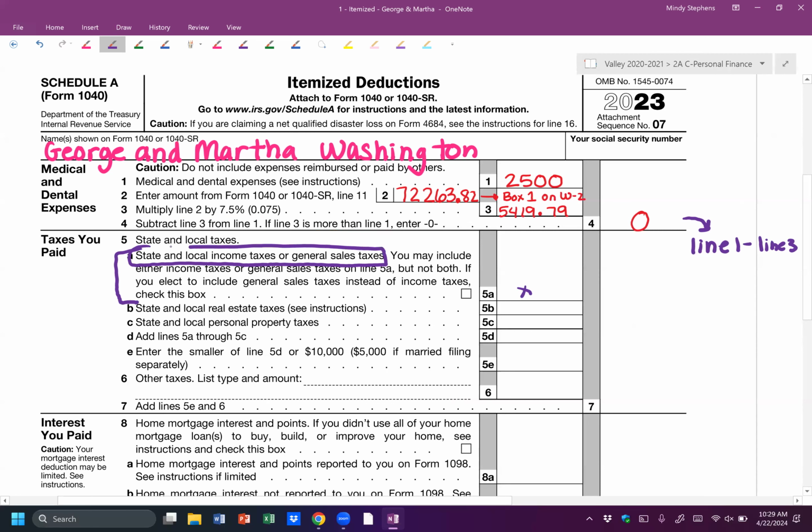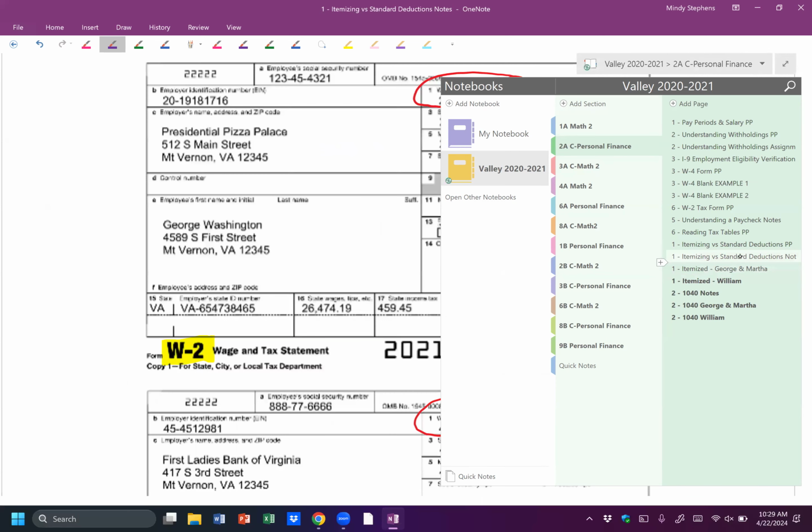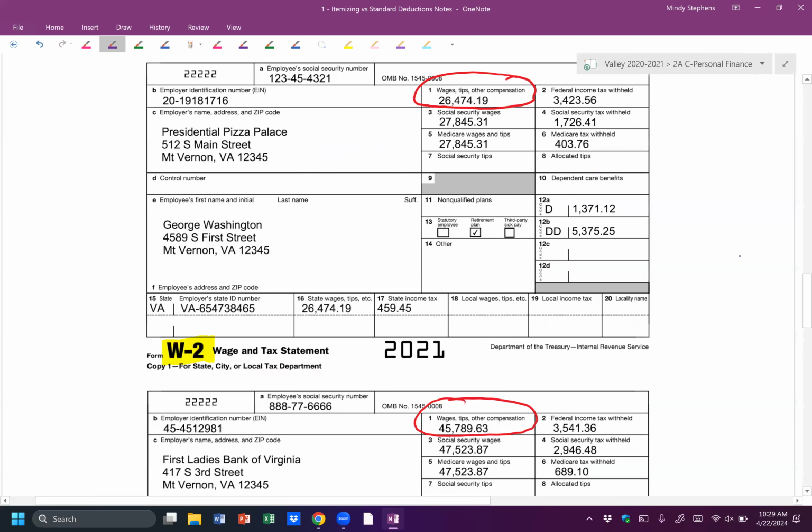So look at your paper and see if you see any state or local income taxes. First of all, does it say state or local income taxes in the list? No. So we're going to look on our W-2 now. On the W-2, do you see, does it say state income tax or local income tax?